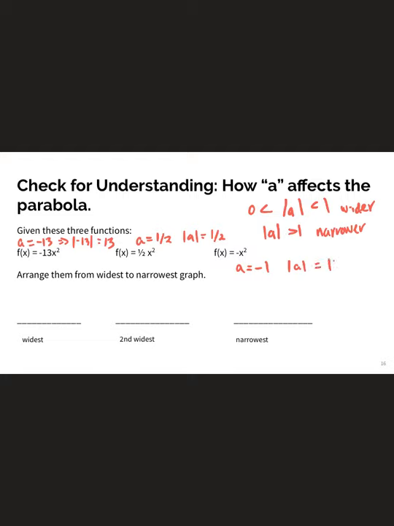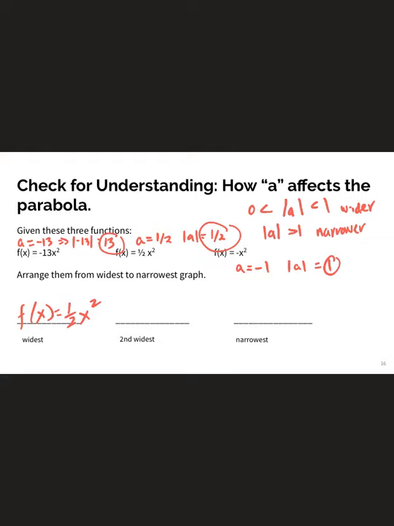And so these are the values that I'm ordering from widest to narrowest, right? My widest is going to be whichever value is between 0 and 1, or whichever is the lowest value that I have. Out of these three values, 1/2 is my lowest, so f of x equals 1/2 x squared is going to be my widest function.